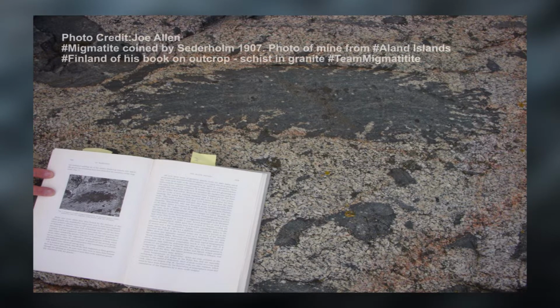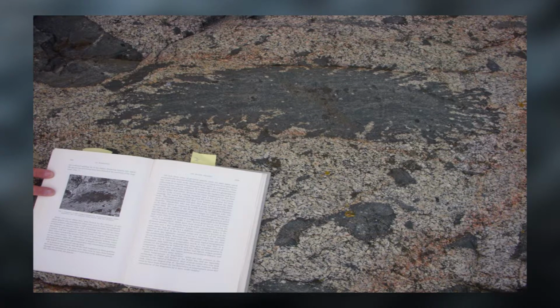Here, high grade schist gradually develops pods, veins and folded layers of granitic material, which when developed in large amount is found to contain relicts of the schist.